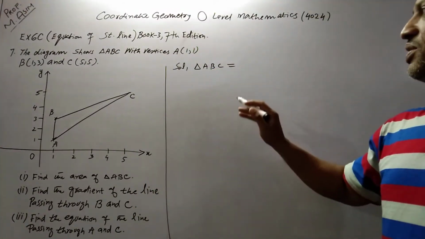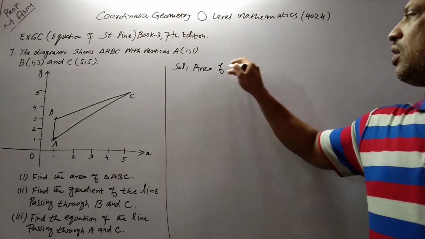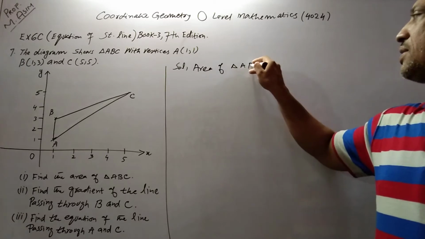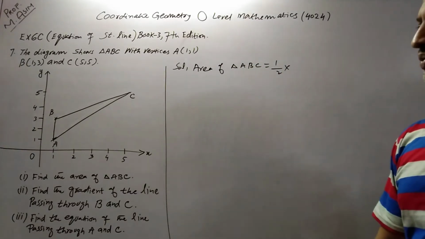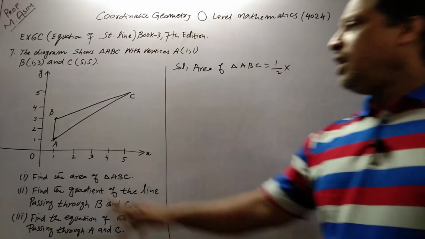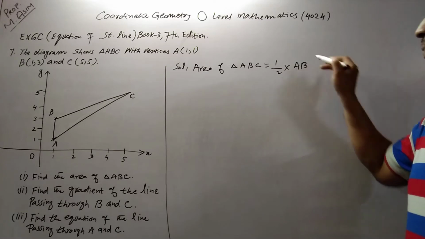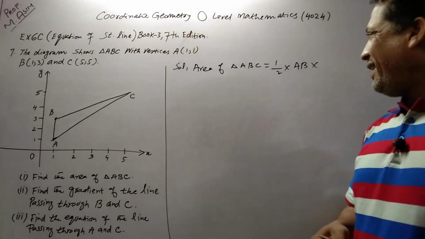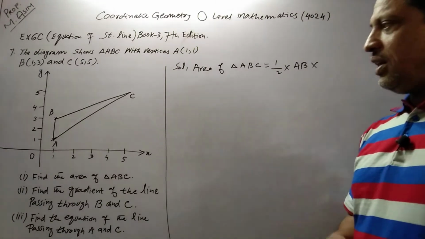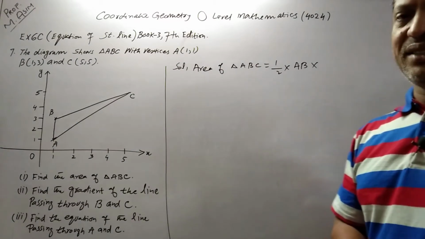So the area of triangle ABC is half into, if you take AB as a base, what is the height? Which line in this triangle represents the height?